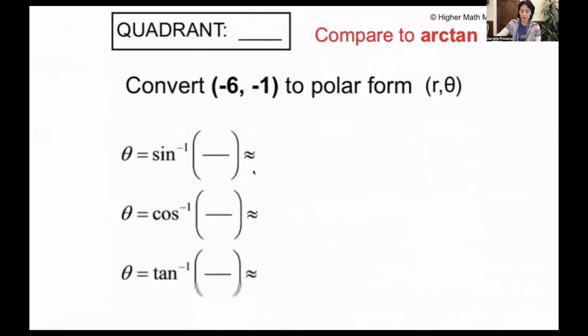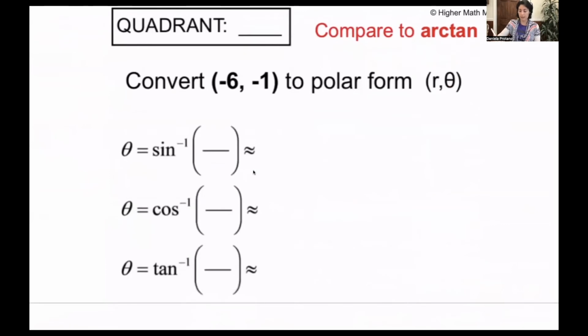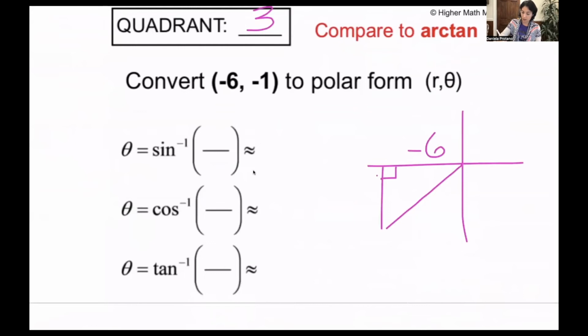Okay, and last but not least, let's take a look at (-6, -1). That would be in quadrant 3, right? So this is a quadrant 3 angle. So 6 units to the left, 1 unit down, totally not drawn to scale. If we use the r formula, that would be the square root of -6 squared, which is 36, plus -1 squared, which gives me 1.